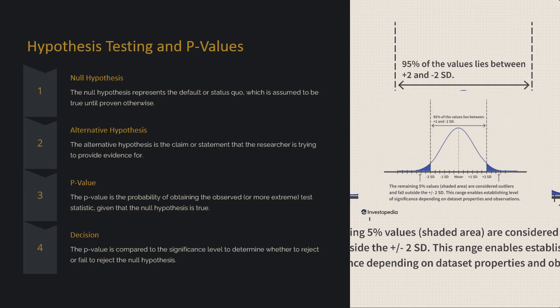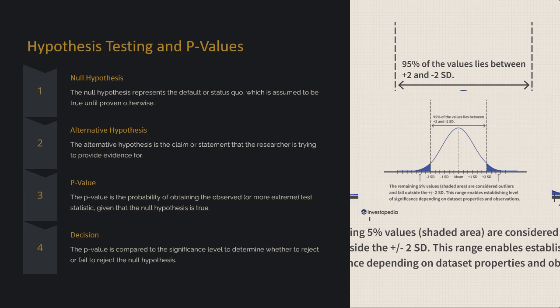Now let us see hypothesis testing and p-values. There are four types: null hypothesis, alternative hypothesis, p-values, and decision. Now let us see one by one. Null hypothesis. The null hypothesis represents the default or status quo which is assumed to be true until proven otherwise. Alternative hypothesis. The alternative hypothesis is the claim or statement that the researcher is trying to provide evidence for.